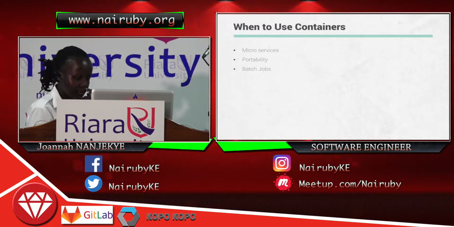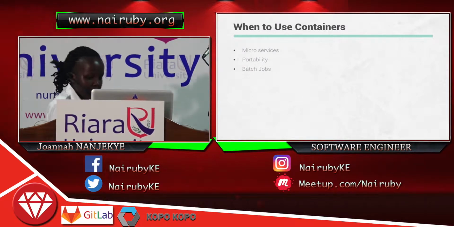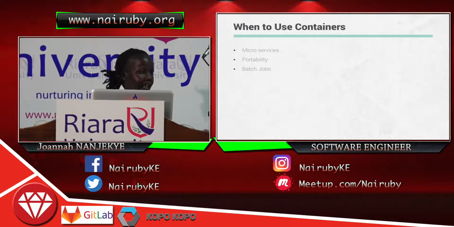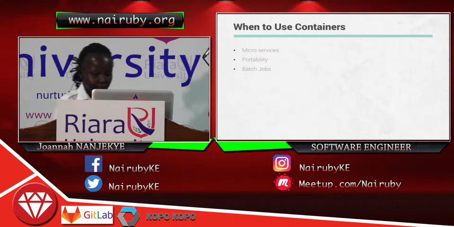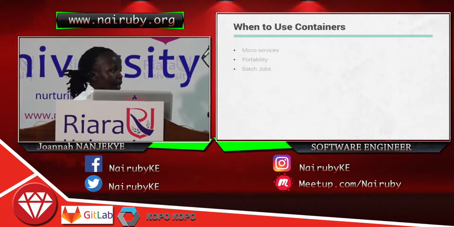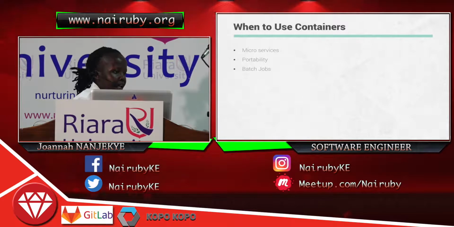So containers also have their use cases. One, if you want to adopt a microservice architecture, you are probably better off using containers because they have all the ingredients to easily help you achieve such an architecture.